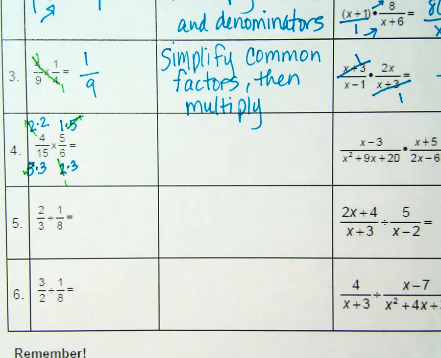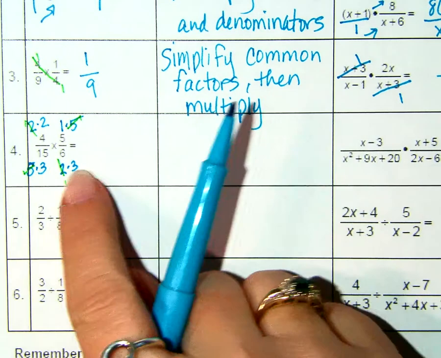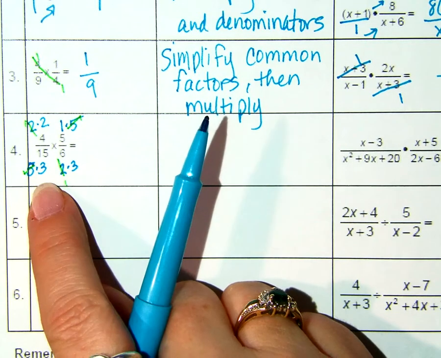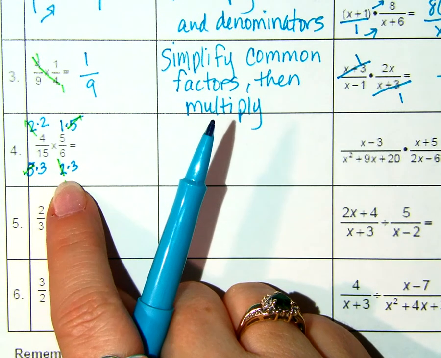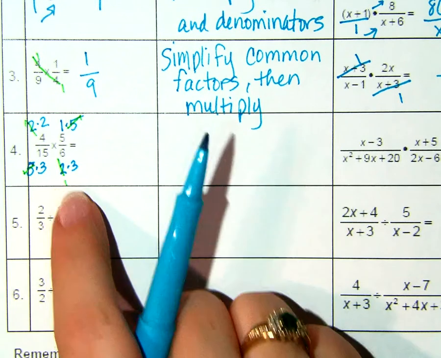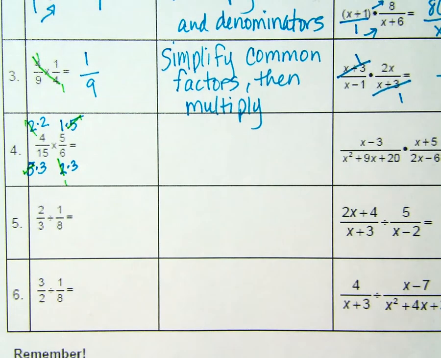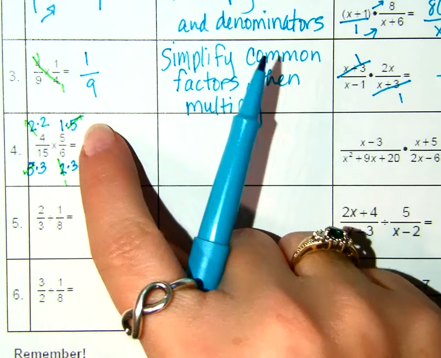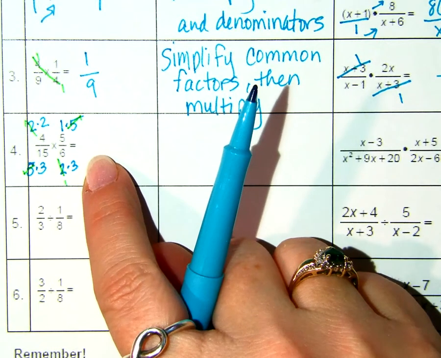That's exactly right. Okay? I am wrong. Why can I not simplify these 3s? They're both in the denominator. What has to be true in order for you to simplify something like that? 1 in the numerator, 1 in the denominator. Okay? 1 has to be in the numerator, 1 has to be in the denominator.